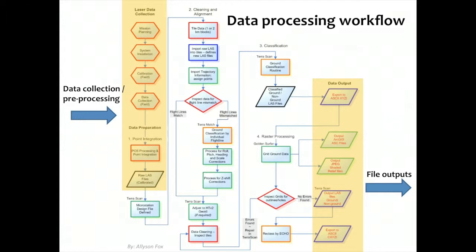Then we would output the data to some intermediate format. Then we'd probably do some raster modeling on the data. From that raster modeling, we'd probably end up with digital elevation models, canopy models, and so forth. That would be a typical workflow, but there are many variations on that workflow.